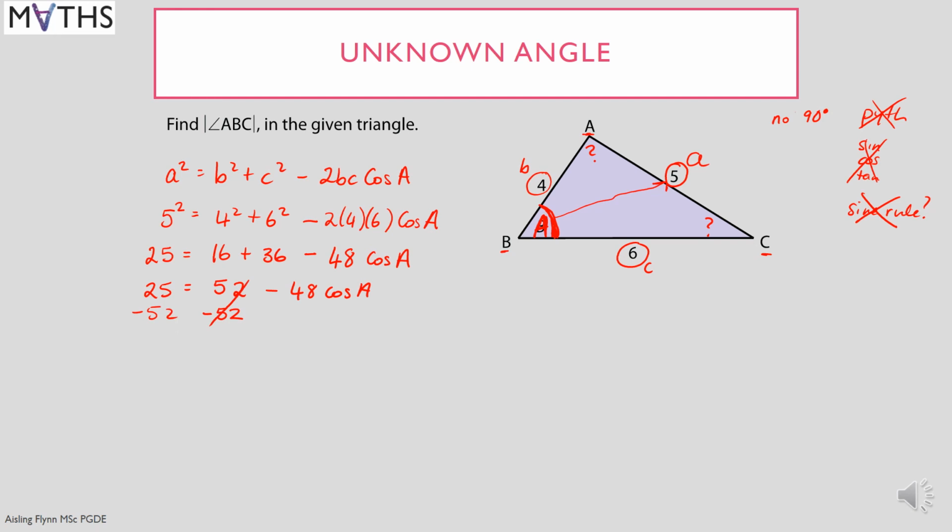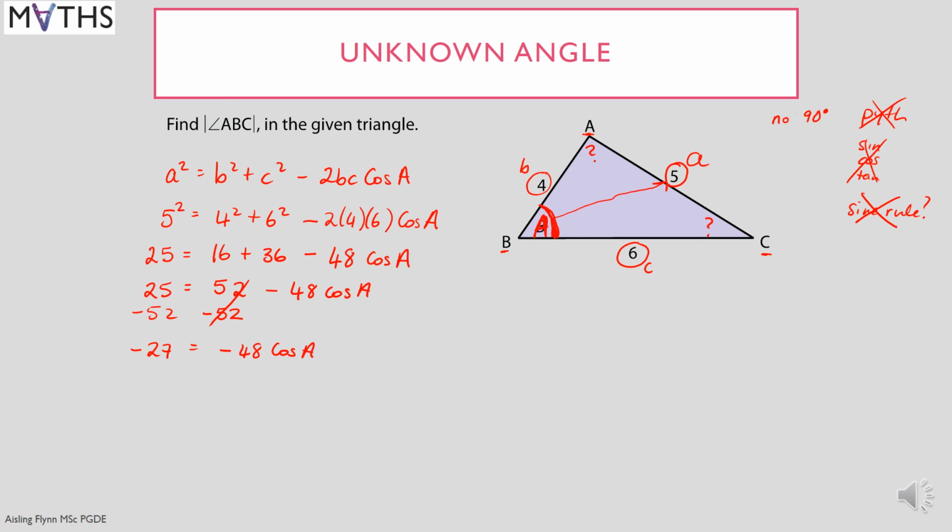We'll take 52 from both sides. Alright, 25 minus 52 gives me minus 27 on the left hand side, equals minus 48 cosine A.